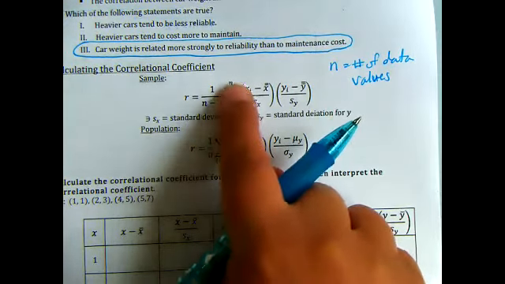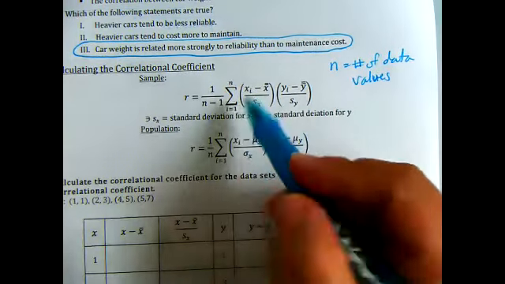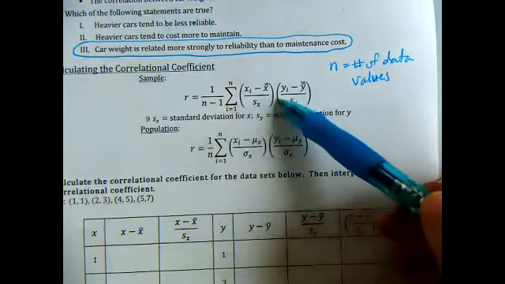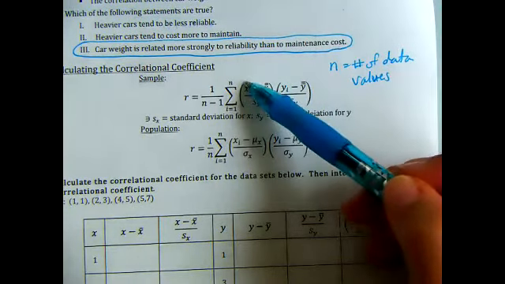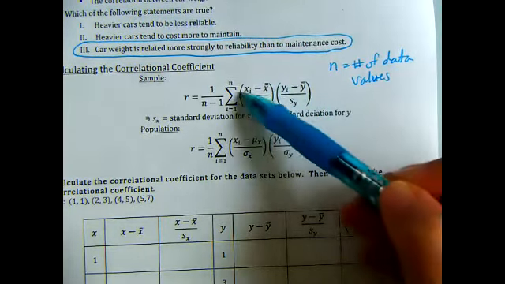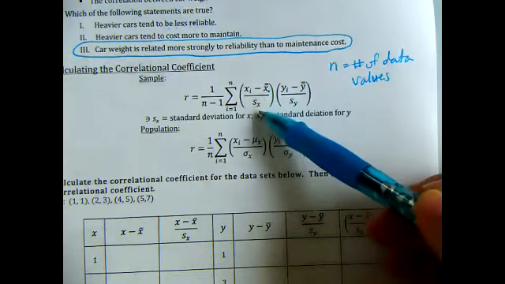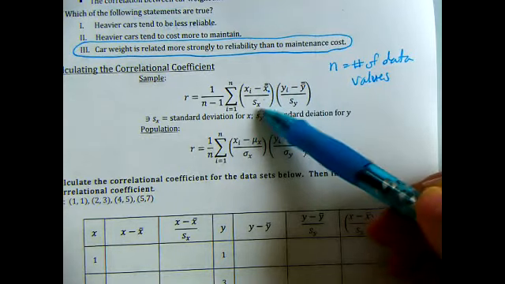times the summation, right, of 1 to n, so all of our data points, of each x value subtracted by the mean of x divided by the standard deviation.